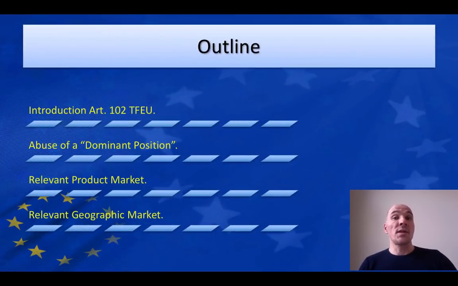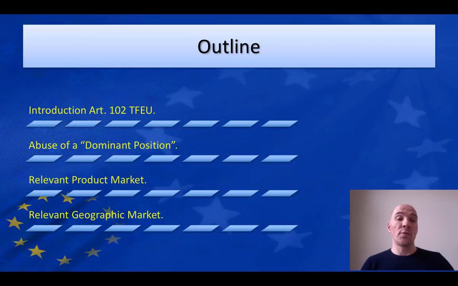So, the article that is central to today's class is Article 102 of the TFEU, and that article will be professionally dissected today, the same way as we've done last week with Article 101. We'll go through each element of the article, give some case law, some explanation, so you can apply it to a specific case. So the key aspects of the article are abuse of a dominant position.